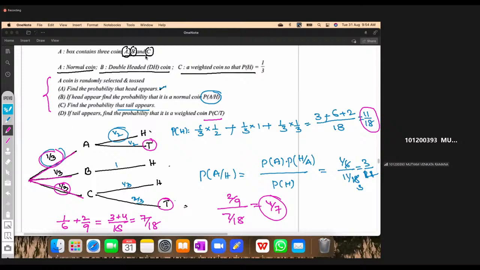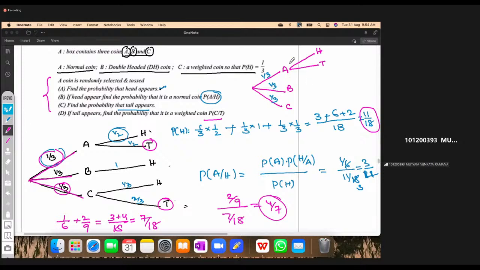Okay, so here what we are doing is, you have the three cases. You have a coin A, coin B, coin C. The probabilities of choosing coin A, coin B, coin C are equal, so this is 1 by 3, 1 by 3, 1 by 3. After this, from A, you may get the outcome head or tail.